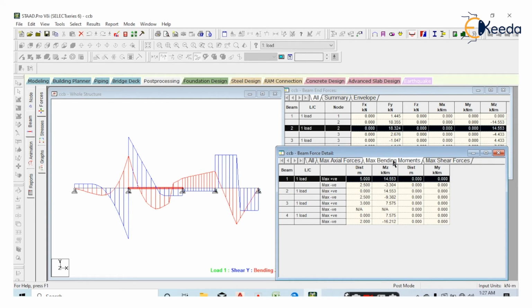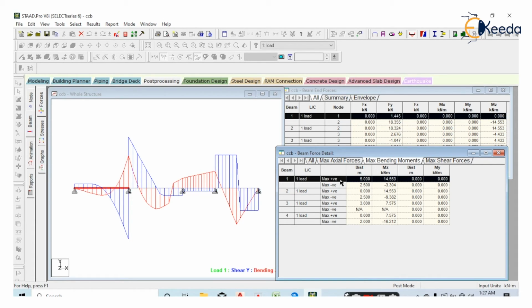Go to maximum bending moment. It will show a maximum bending moment at all the beams, negative and positive. First beam, load case 1, maximum positive value is 14.553 kilonewton meter bending moment, and the maximum negative bending moment is minus 3.304 kilonewton meter.